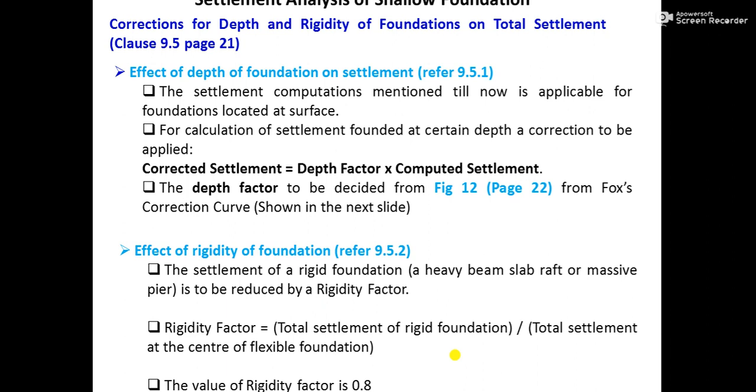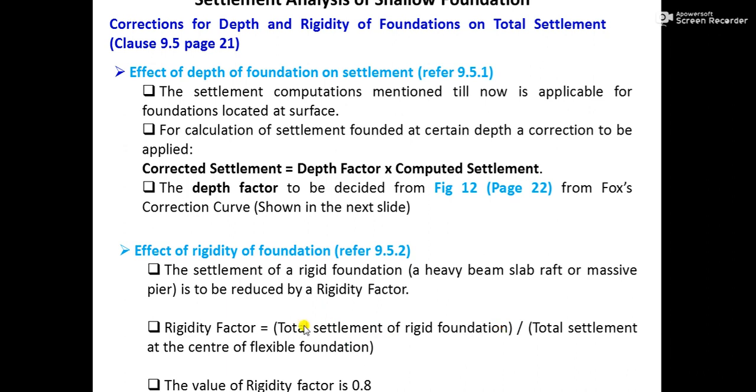In such cases it is considered a rigid foundation, and you apply the rigidity factor. Now what is the rigidity factor? According to Indian Standard Code 8009, it is the ratio of the total settlement of a rigid foundation. So considering the foundation to be rigid, how much is the total settlement?